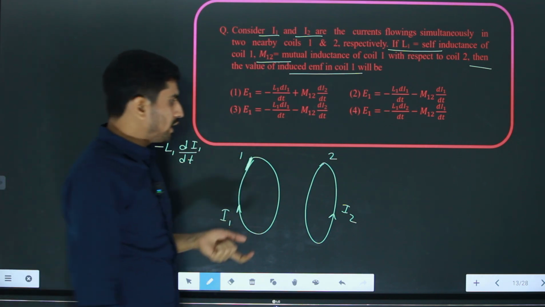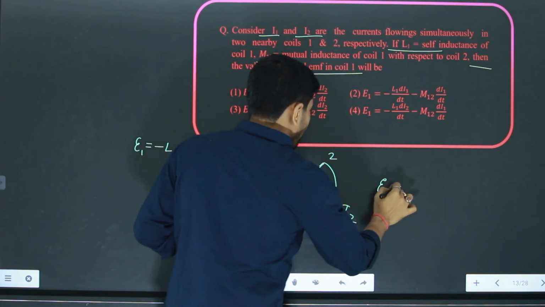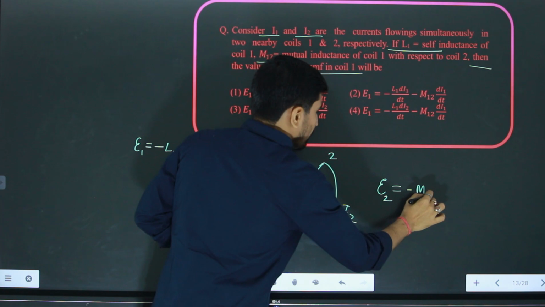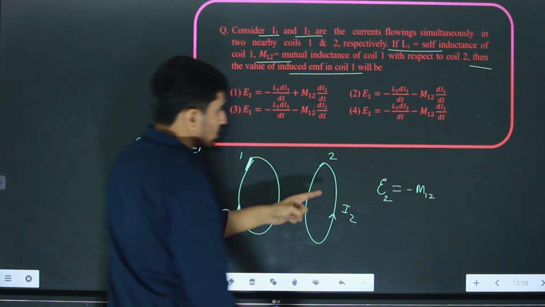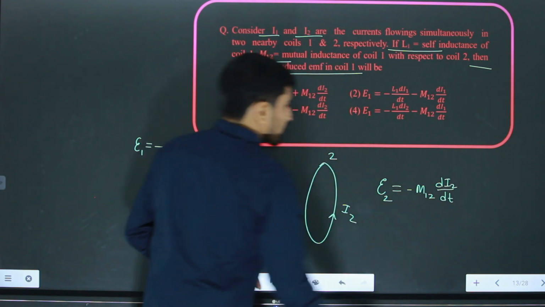According to mutual inductance, the amount of induced EMF in this coil will be equal to mutual inductance of 1 with respect to 2 multiplied by rate of change of current with respect to time.